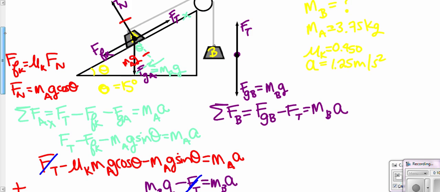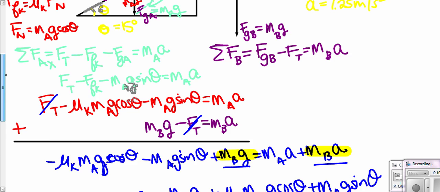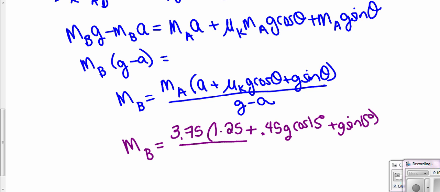Mu is 0.45. G, and theta is 15 degrees, so this is cosine 15 degrees plus G sine 15 degrees, all divided by G minus 1.25. And so the approximate mass of B is about 3.528 kilograms.